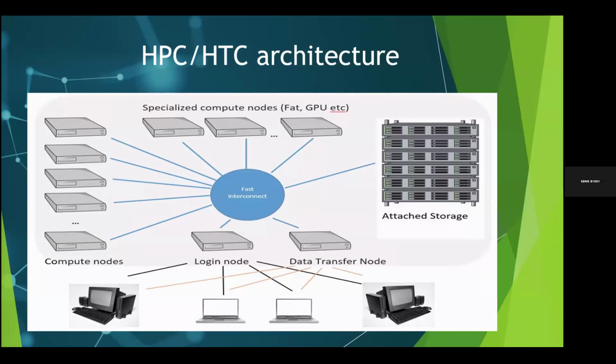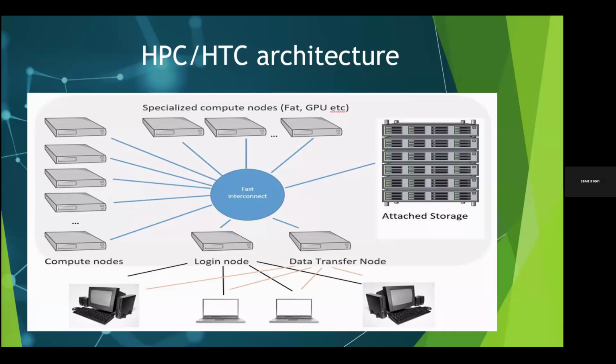What is the essence of this distributed system? It is what is in the middle: this fast interconnect. And nowadays, still the golden standard is so-called InfiniBand. Incredibly low latency, incredibly big throughput between compute nodes, between compute nodes and the storage, between compute nodes and the data transfer nodes.